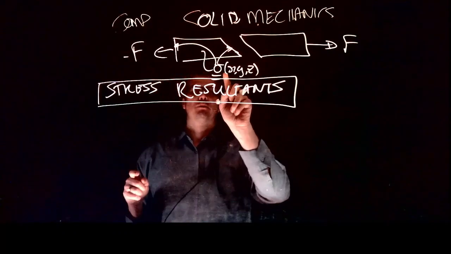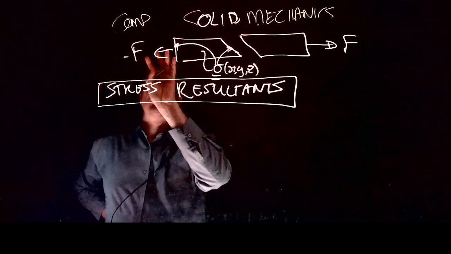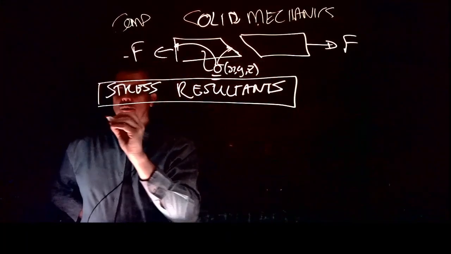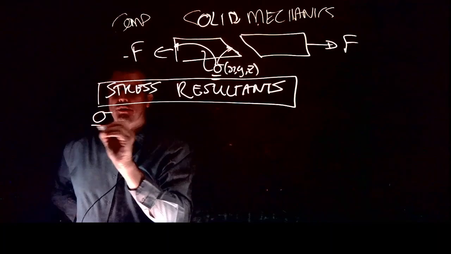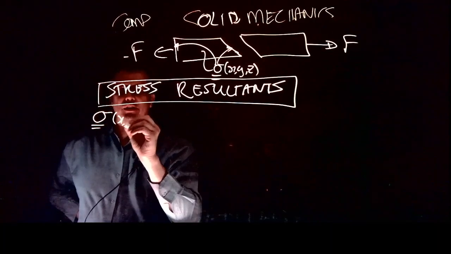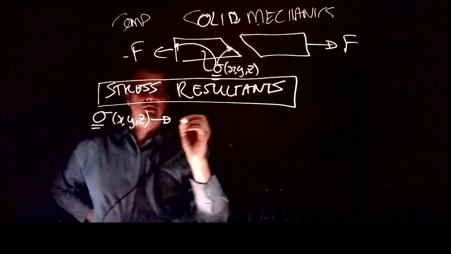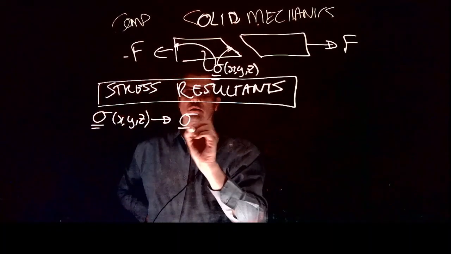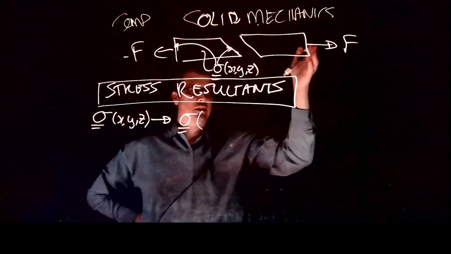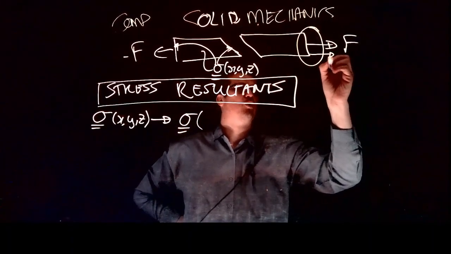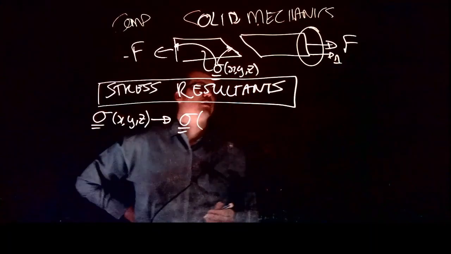So what we need to be able to do is the following. How do I go from a stress tensor to a macroscopic force that's applied? Well, we know exactly how to do it. If we want to go from a stress tensor, a function of X, Y, and Z, we might first have to evaluate the stress tensor at the right place. So let's look at this example. I'm going to focus here and say we have a normal N to that face.